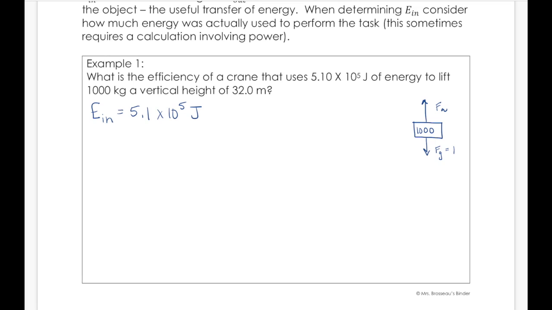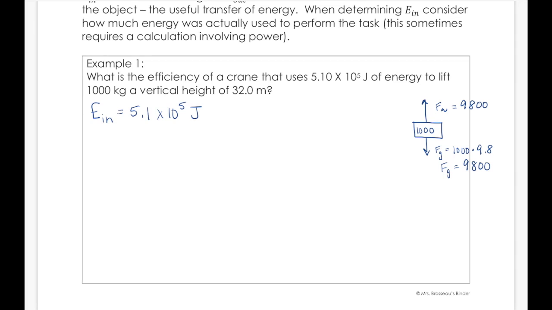So remember, to find F of g, we're just going to take the mass, so 1,000 times our constant 9.8. So our F of g is going to be 9,800, and so our F of a is going to be the same, just in the opposite direction.